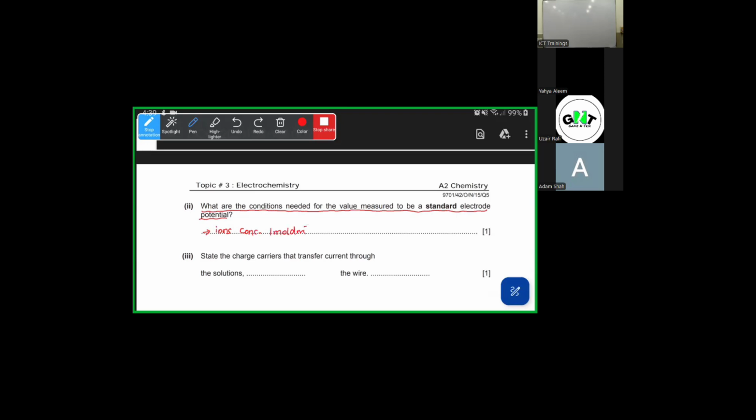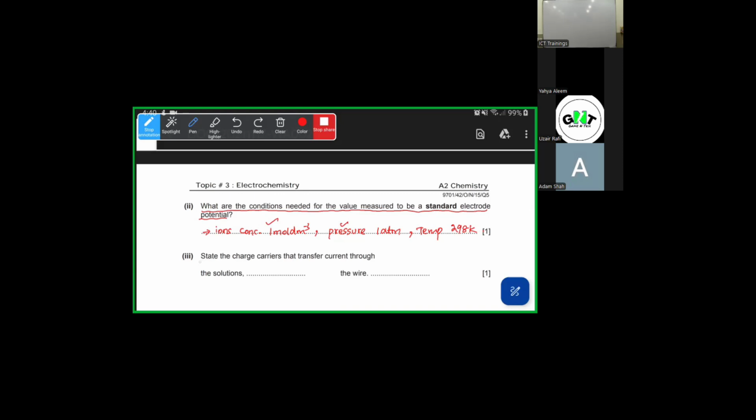The second condition: the pressure of gases should be 1 atm. And the third condition: the temperature should be 298 Kelvin. So these are the 3 conditions.